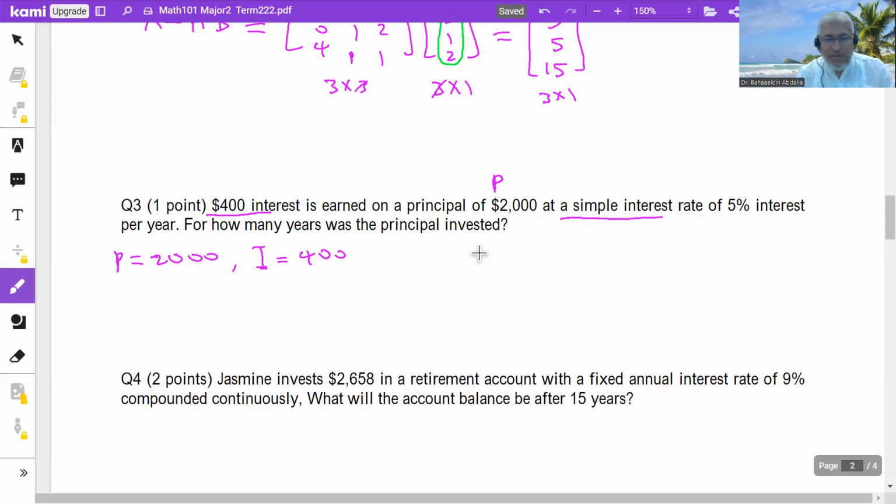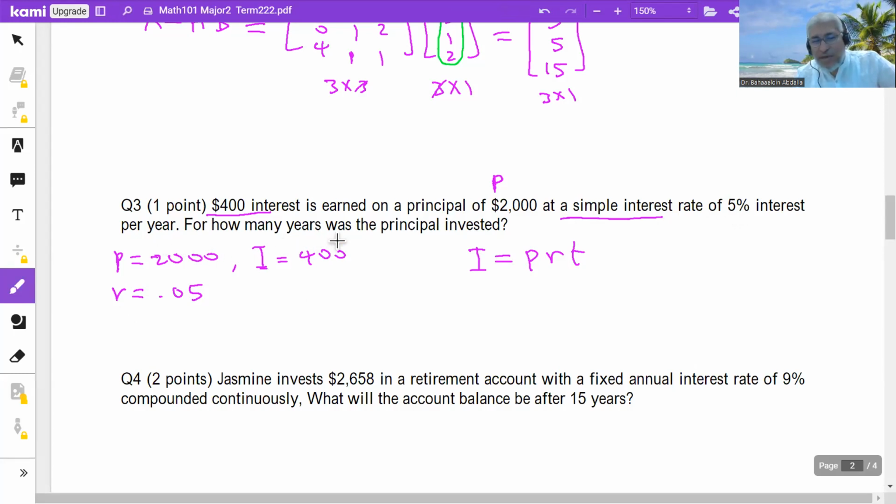The simple interest formula says that the interest is equal to P, the principal, times R, the annual interest rate, times T, time in years. So simple interest rate of 5%, this is R. R is 5%, but we write it 0.05. We divide 5 by 100, so it would be 0.05 interest per year.